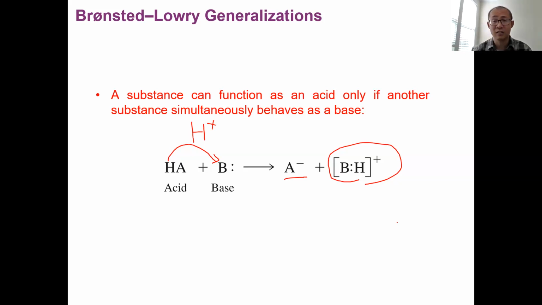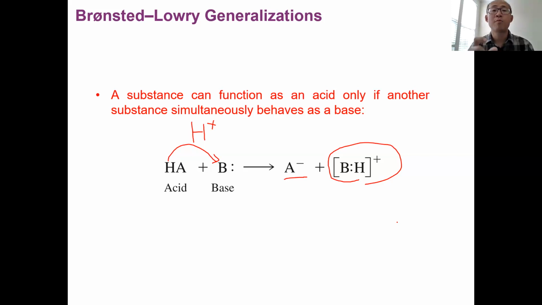It also tells us that in order for a substance to act as a proton donor, you must have another substance to behave as a proton acceptor. The process of donating and accepting a proton must happen simultaneously. It means they happen at the same time. There's no individual process.